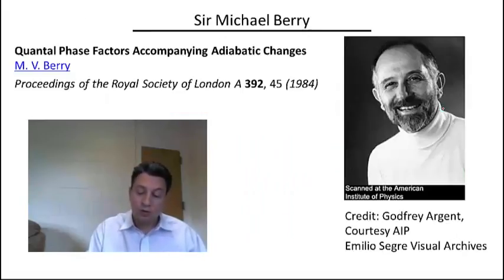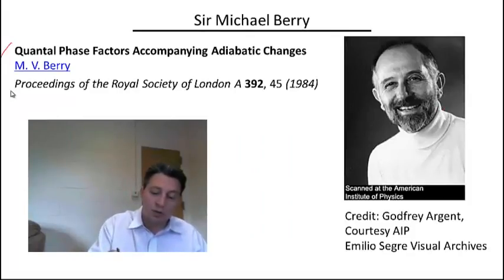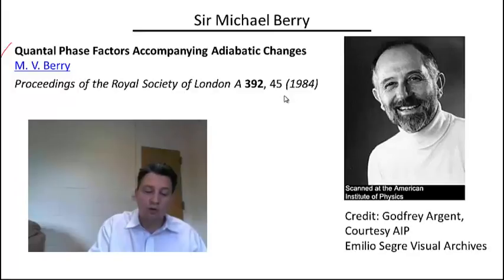This Berry phase was discovered theoretically by Sir Michael Berry in this paper published in 1984 in the Proceedings of the Royal Society of London. And this is a really very well written and elegant paper.